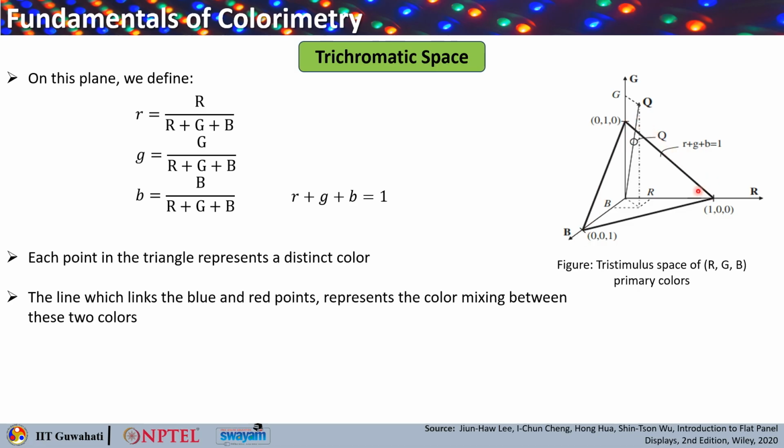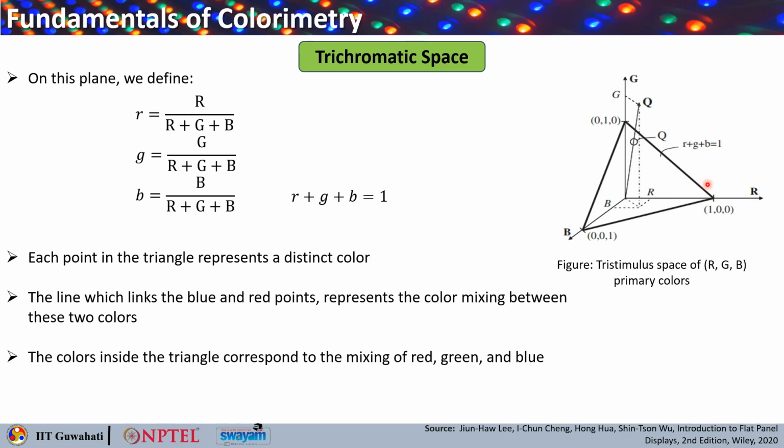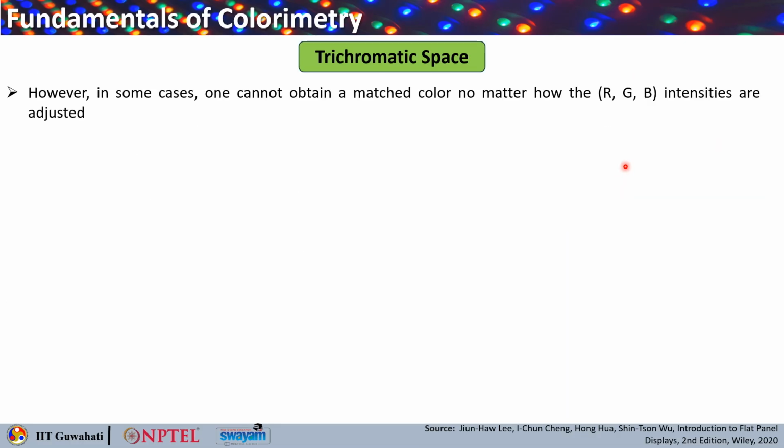Anything here, the color mixing will happen between green and red. And when you have anything in between in this triangle, you are mixing all the 3 colors, red, green and blue.